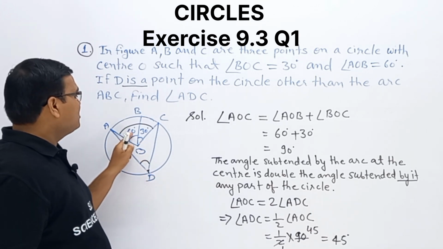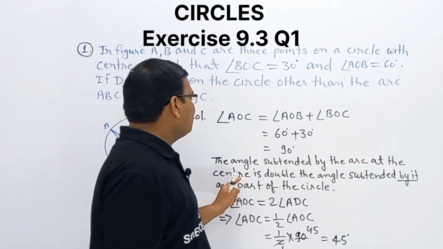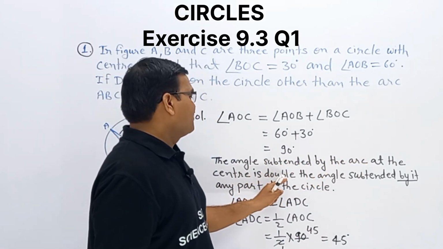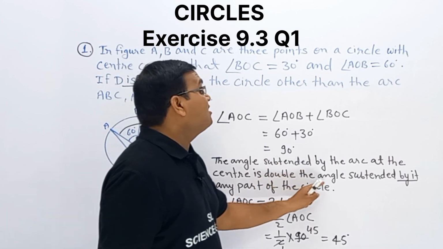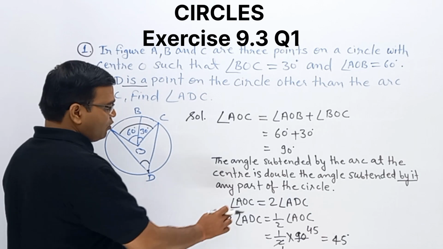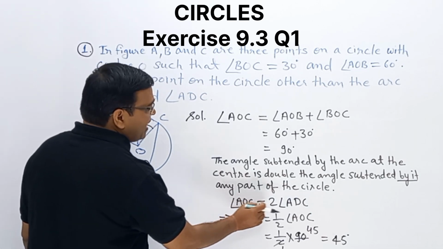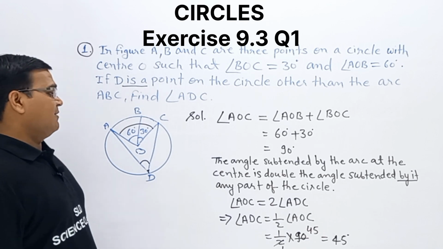So the angle subtended at the center is 2 times the angle subtended at any other part of the circle.